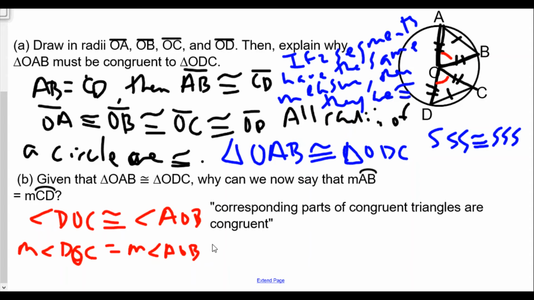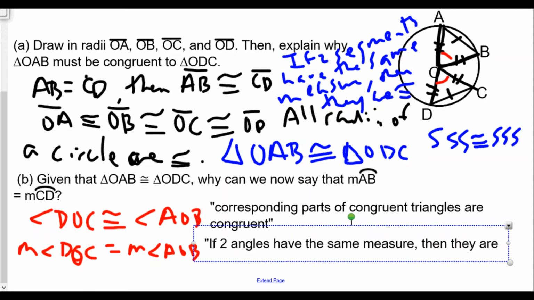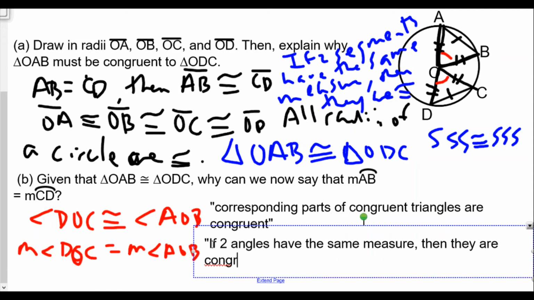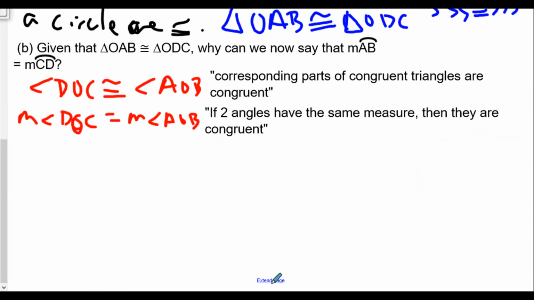And the reason: if two angles have the same measure, then they are congruent. Let's move this up a little bit. All right, so now we've got the angles are congruent.